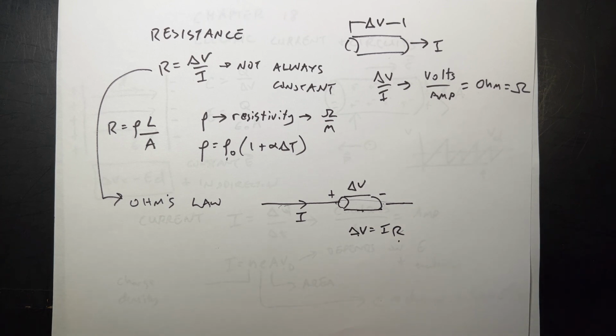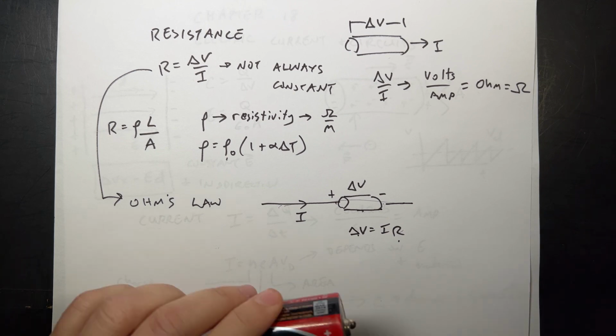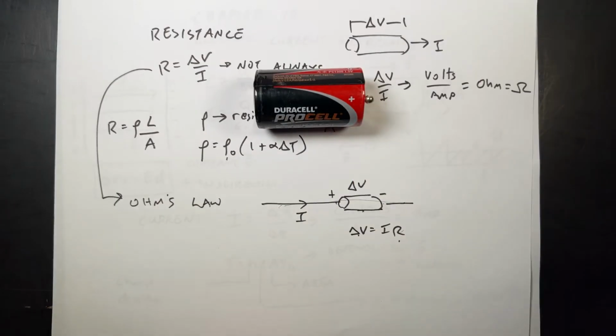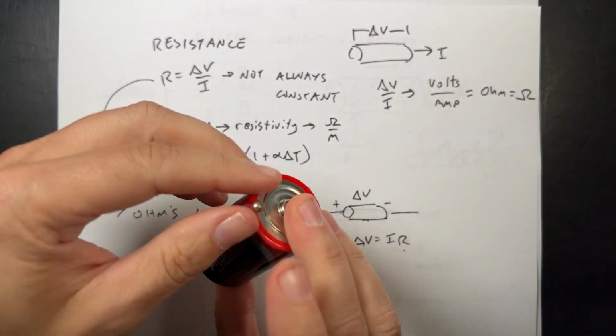But let's look at one thing about batteries. I do have a battery right here. I actually have two. That's a D-cell battery with a magnet stuck on it.